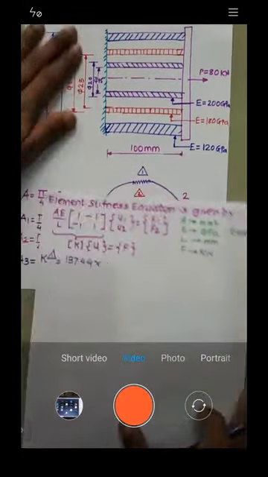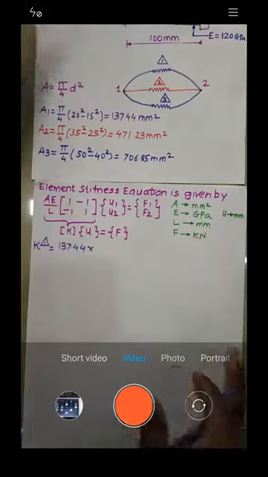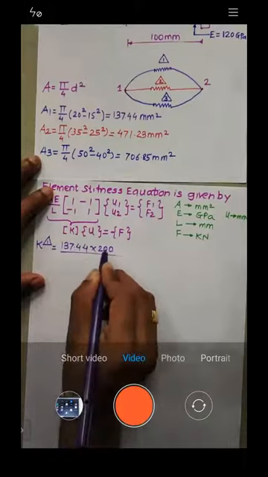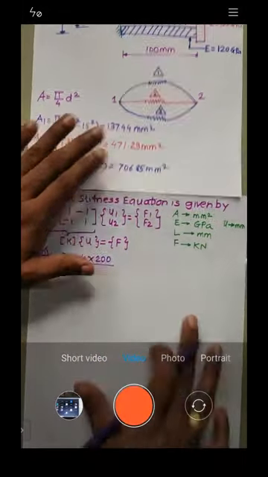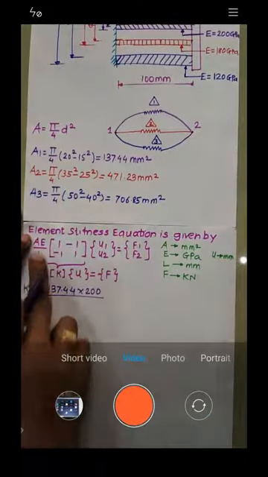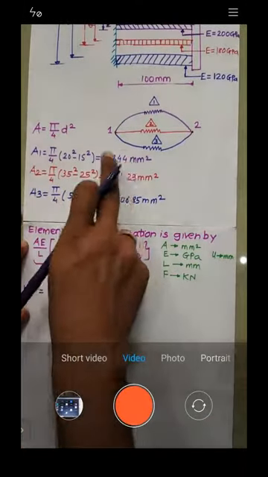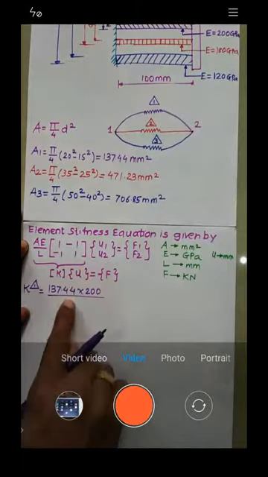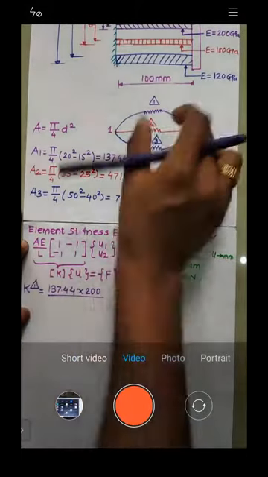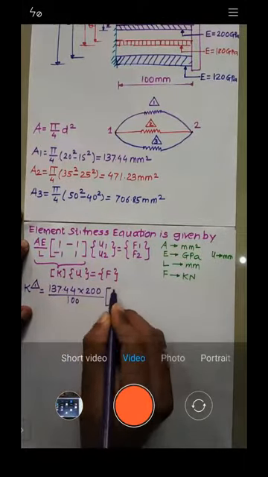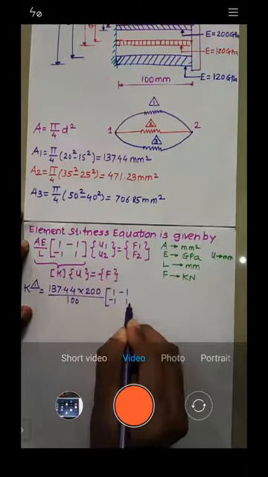So A for the first element is this one, E for the inner element is 200, by L. What is the length of the element? It's 100. Into 1 minus 1 minus 1 1.